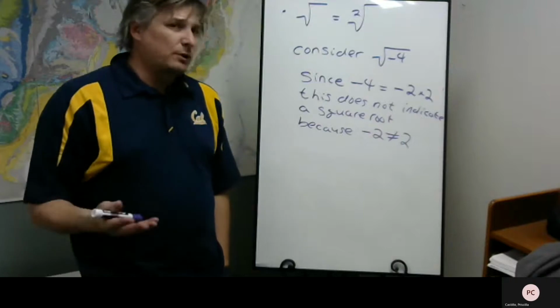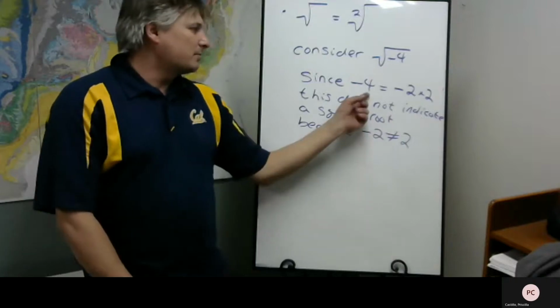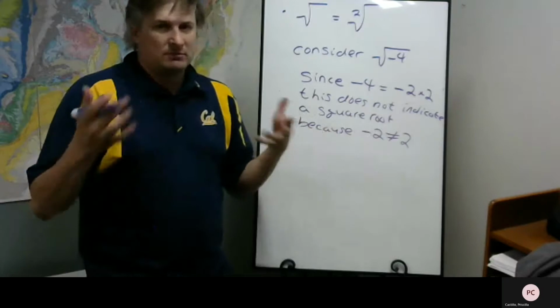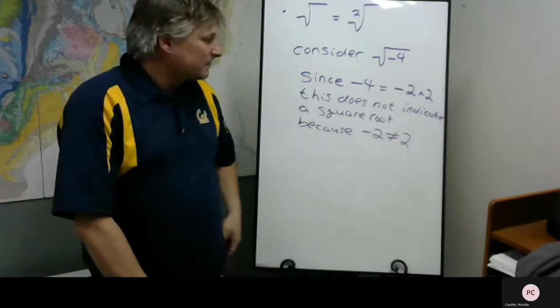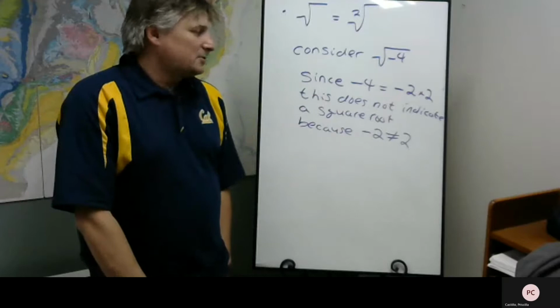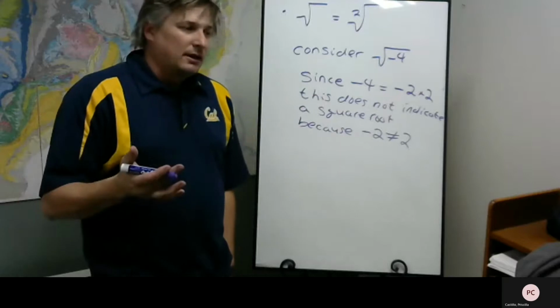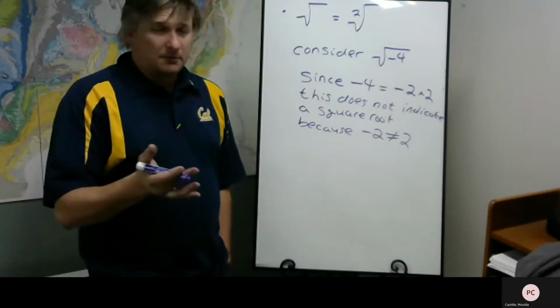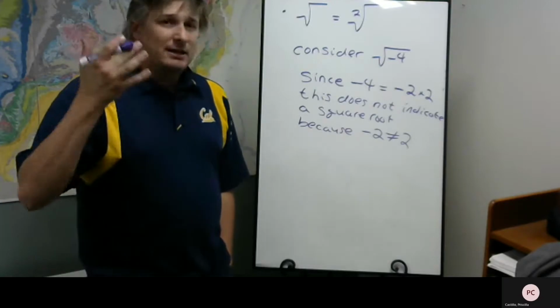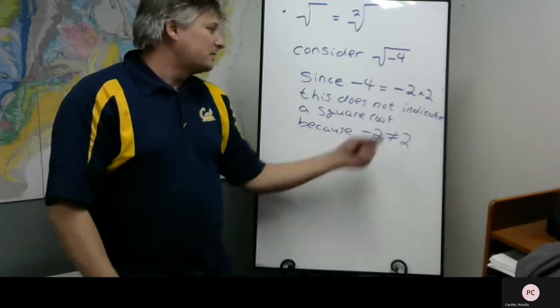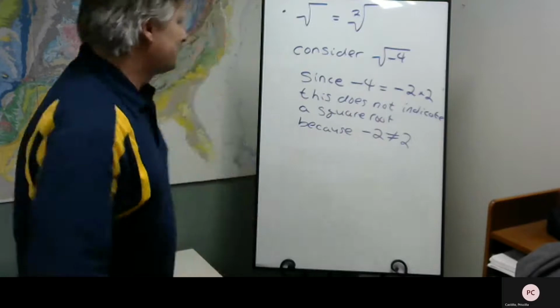We can only take square roots if some number is the product of the same number times itself, its exact self. And the thing is, in a product, at least when we're dealing with real numbers, and this will come up in section 7.7, we need a negative times a positive to get a negative.